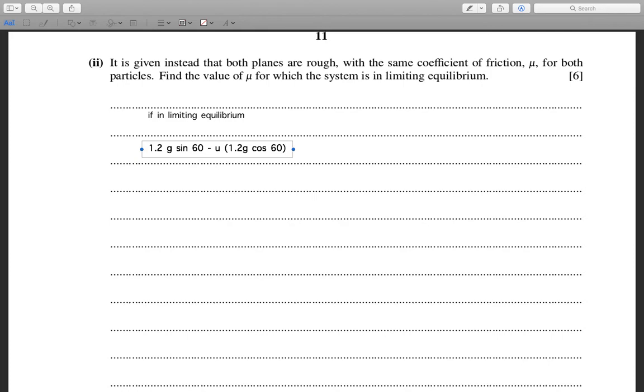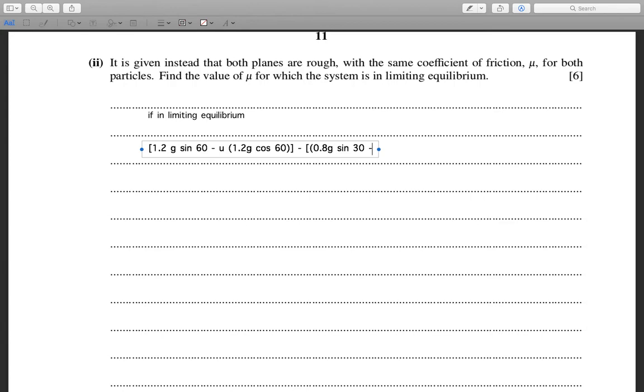This is the force acting on mass B. Then also minus the force on particle A: 0.8 g sin 30.